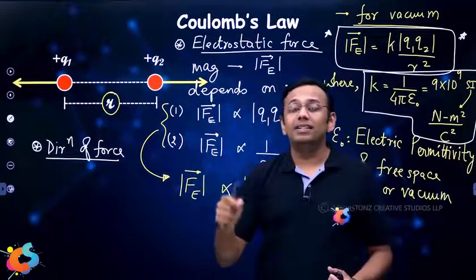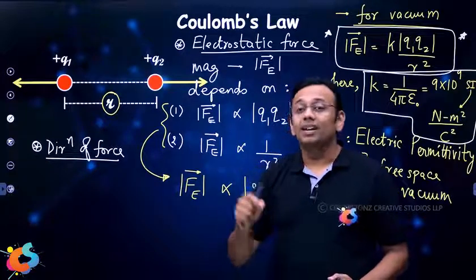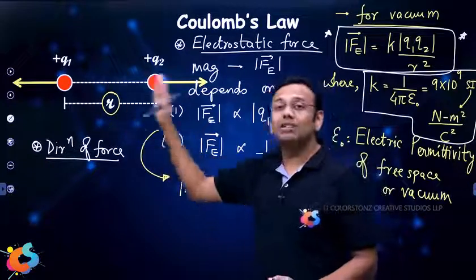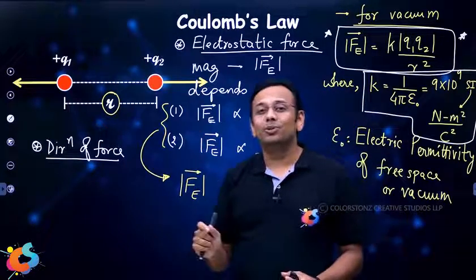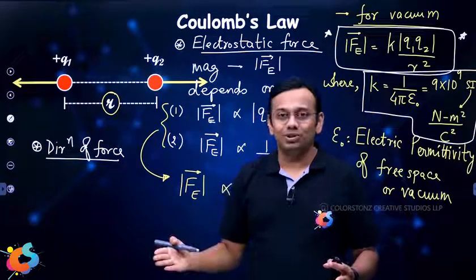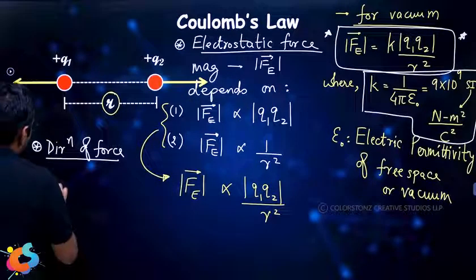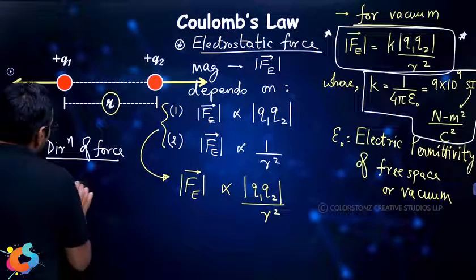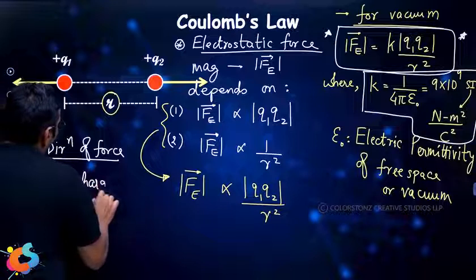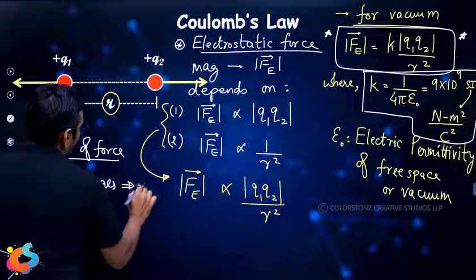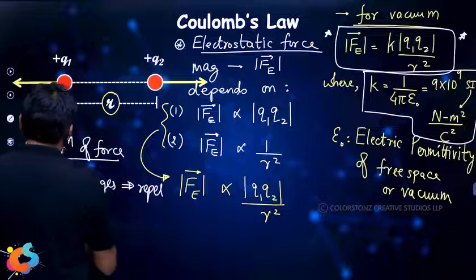If the particles are unlike charges, if they have positive and negative charges, then the force is going to be attractive in nature. So like charges repel each other. Like charges include positive-positive as well as negative-negative. Like charges repel each other.